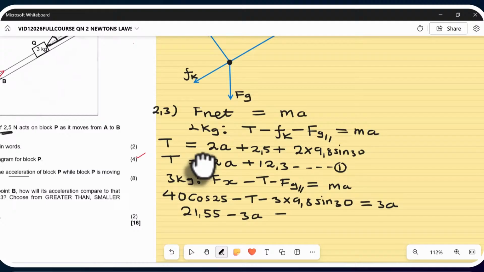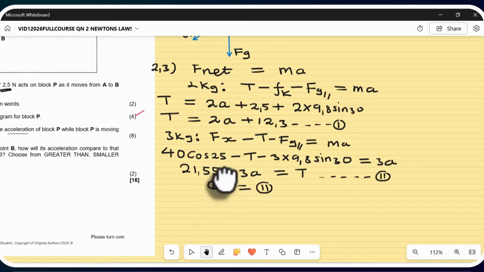Don't forget that my equation 1 is this one here. So 2a plus 12,3 should be equal to 21,55 minus 3a, because they're both equal to tension.